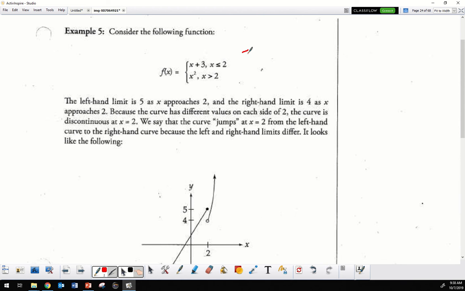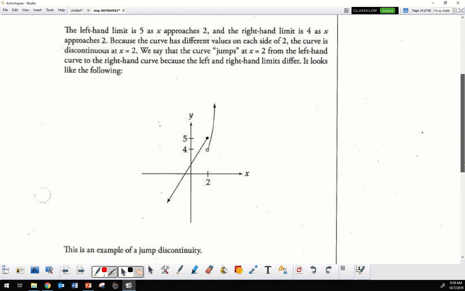Plug in 2, that's a 5. And plug in 2, that's going to be 4. So the left hand is 5, the right hand is 4. As x approaches 2, that means this is going to have a jump in my function, because they're not equal to the same thing. It is discontinuous.